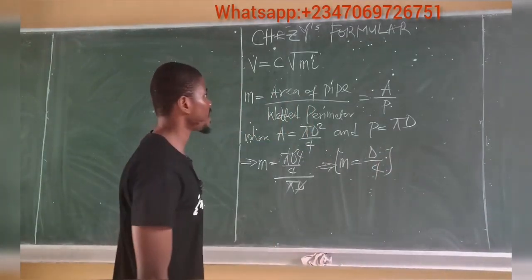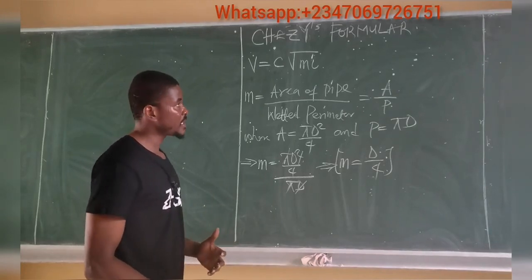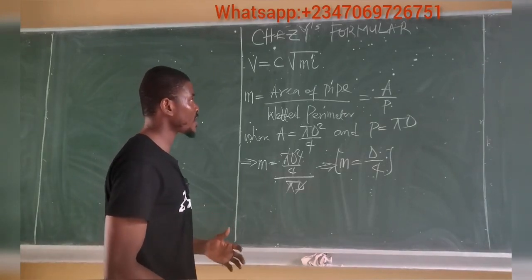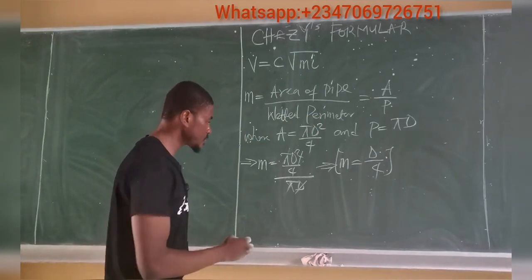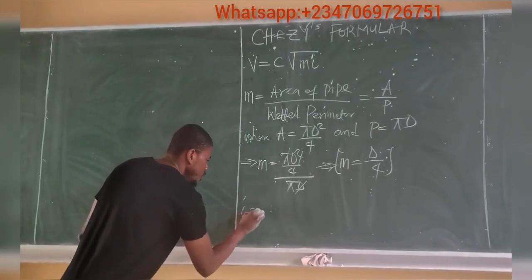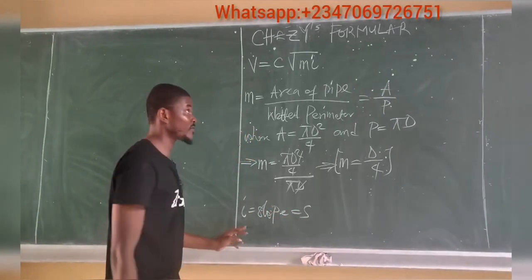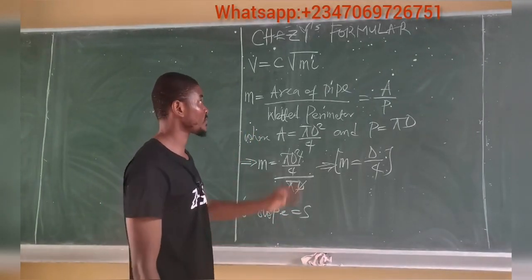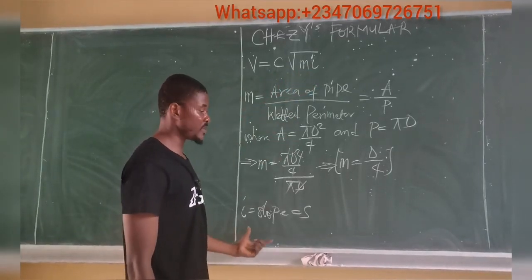Now, the aim is to find head loss due to friction using the Chezy formula. That head loss due to friction actually lies in I. I is simply called slope. Most textbooks use S in place of I, so you may see something like C root MS. It's still the same thing as I. It means slope.